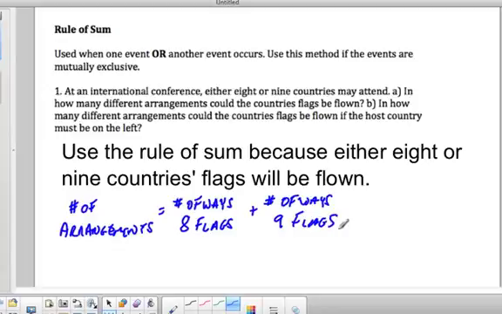Now, we can use a permutation method here, or we can use factorial notation.